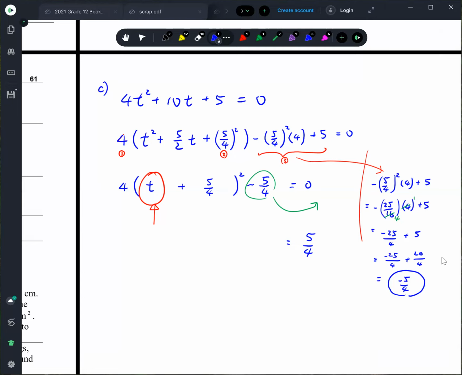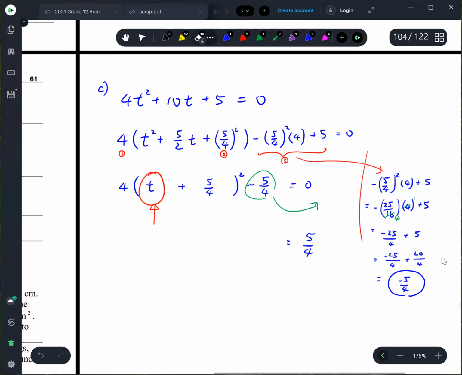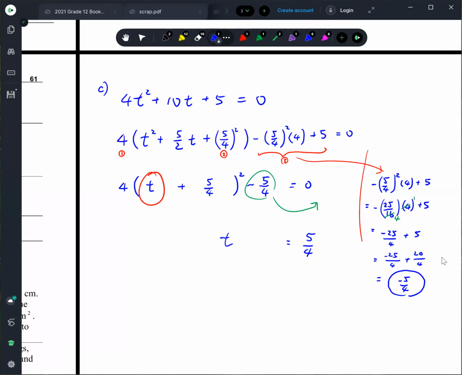Okay, what about on the left side? After you move the negative 5 over 4 to the right-hand side, what is still on the left? Just t? That's all? Well, 4 and then t squared.